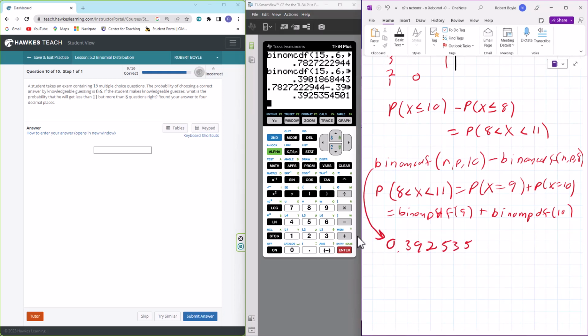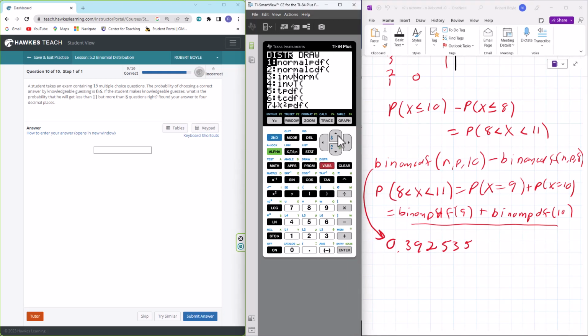Okay, now for the other approach, where we compute the probability that X is equal to 9 plus the probability of X being equal to 10. Second distribution, binomial PDF. Now the number of trials is still 15, P is still 0.6, X is 9. Enter, enter, enter. That's that value. And then let's do the exact same thing for 10.